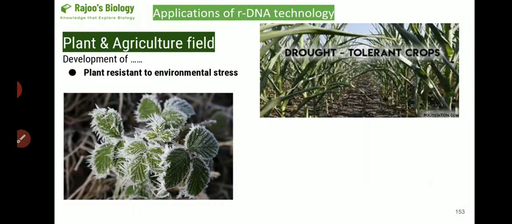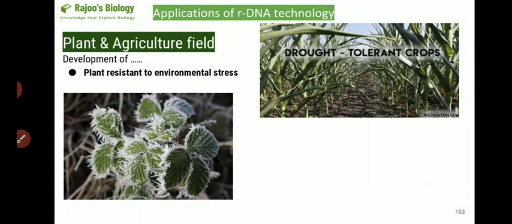The first objective is development of plants resistant to environmental stresses. We know that in India there are various climatic zones, not only in India but throughout the world. There are certain arid regions with a low amount of water for cultivation.